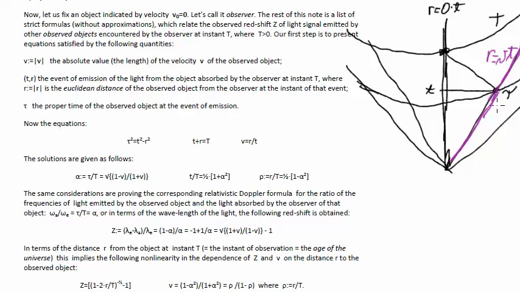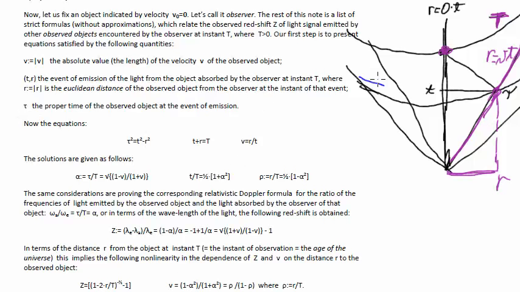The event (T, r) is the emission of the light from the object over here, absorbed by the observer at instant t. So that's why this is capital T up here. This is where it is absorbed by the observer at instant t, where r equals r. So this distance here is the Euclidean distance of the observed object from the observer at the instant of that event.